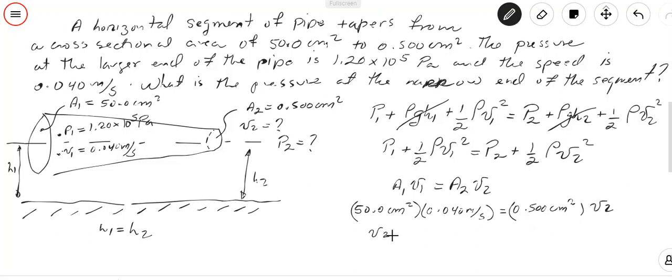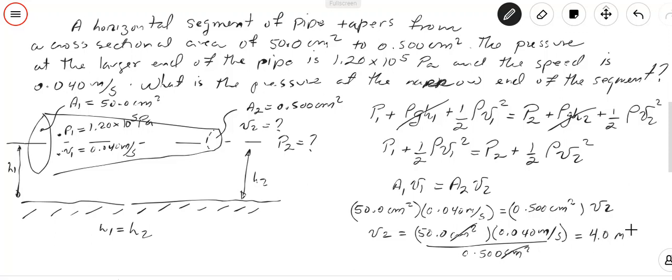So velocity 2 would be equal to 50.0 centimeters squared times 0.040 meters per second divided by 0.500 centimeters squared. We simplify the centimeters squared, so our output unit would be meters per second, and we get that velocity 2 is 4.0 meters per second.